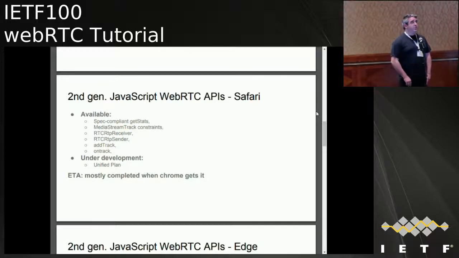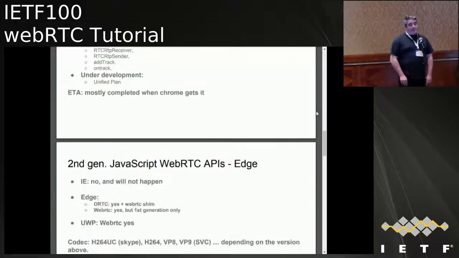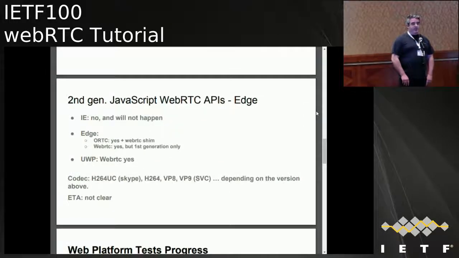Unfortunately, they based it on the Google code, so it was too complicated to switch to Unified Plan, and they're still using Plan B. There are a few other things that are still improvable because they are the latest implementation of WebRTC. But 1 year ago, Safari was not supporting WebRTC. So today we have all the major browsers that support WebRTC, including Safari on iOS, and that's really a big step forward, right?